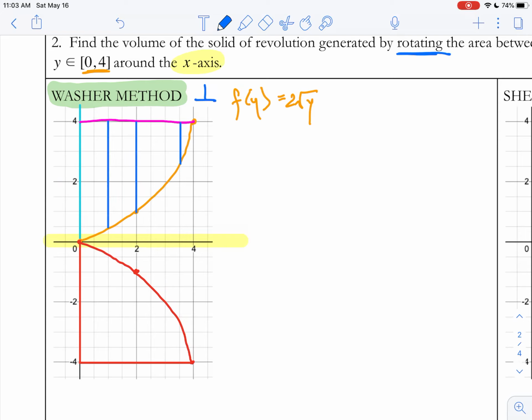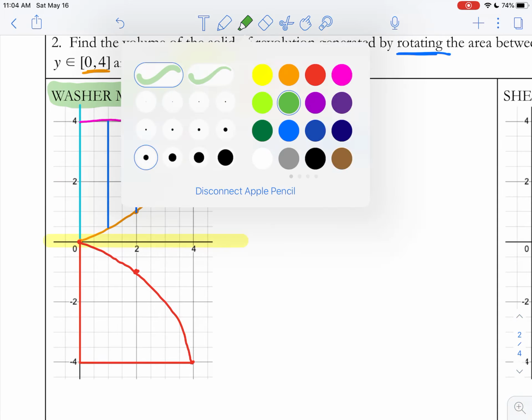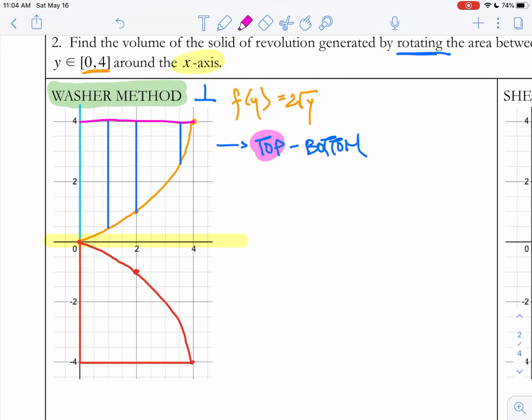Now, as I'm drawing these blue lines, what I notice is that I have to think about the length of this line, and that's going to require me to do top minus bottom. Okay, so top curve minus bottom curve, or in this case, our top curve is the pink one, and our bottom curve is the orange one.